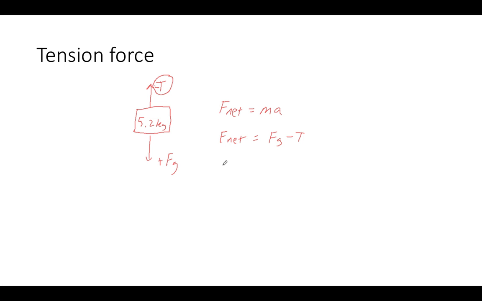Once we solve for the tension force on this mass, then we have the tension throughout the entire rope because it's equal everywhere. Okay, so we can rearrange and solve, so it becomes Fg minus tension equals ma, and we can plug in our values.